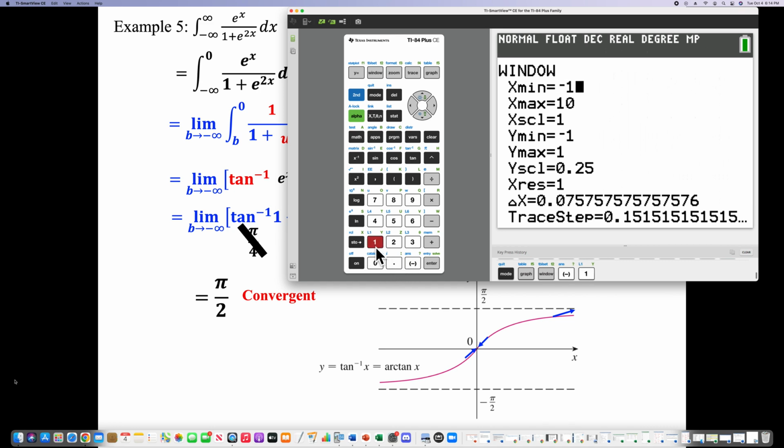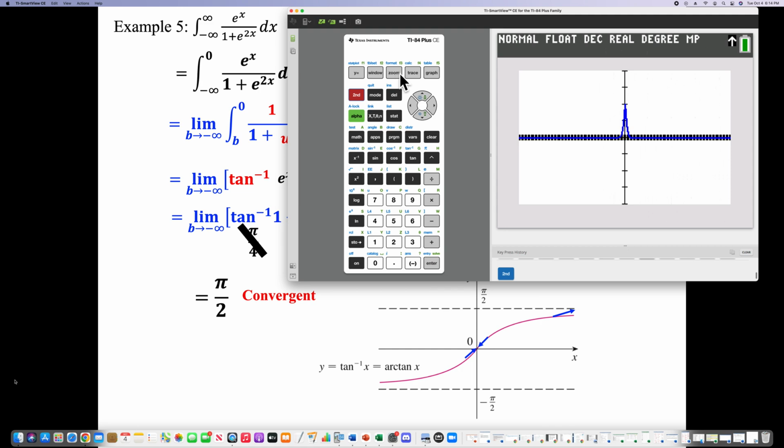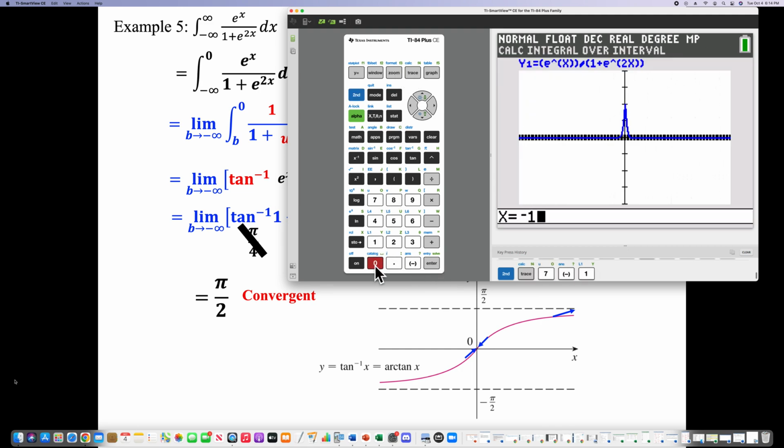Let's go -100. Let's get, if you will, closer to infinity. All right, regraph it. Second trace, number 7, -100 to 100, and enter. Yep, there it goes.